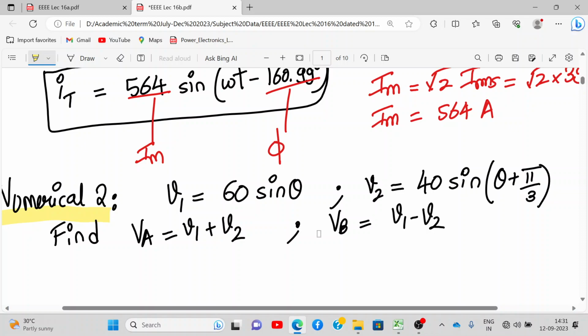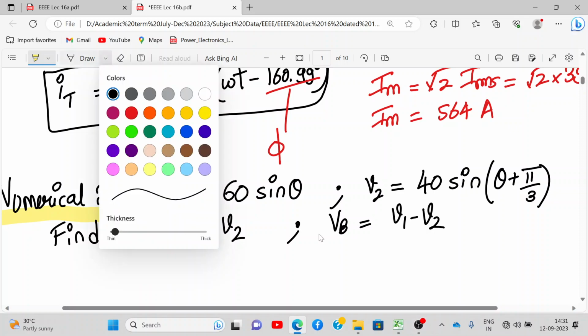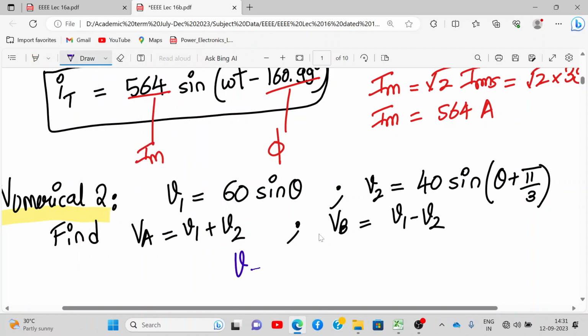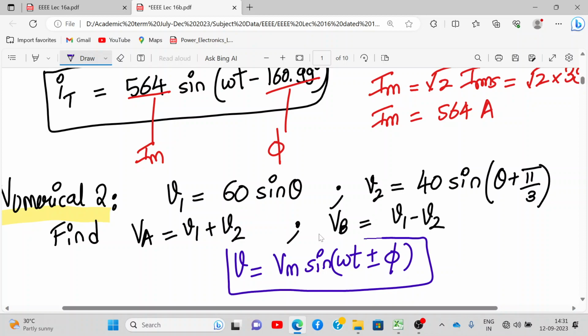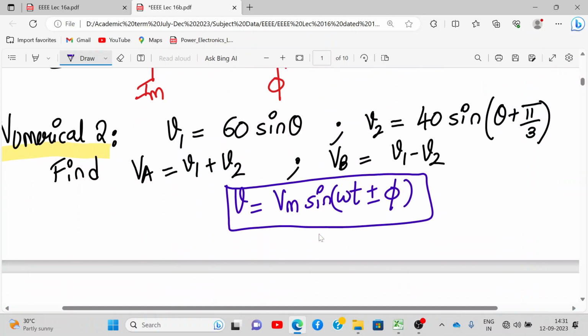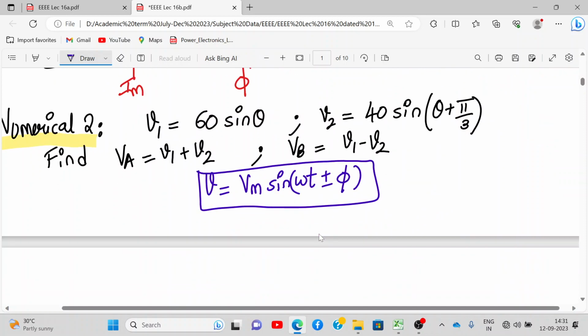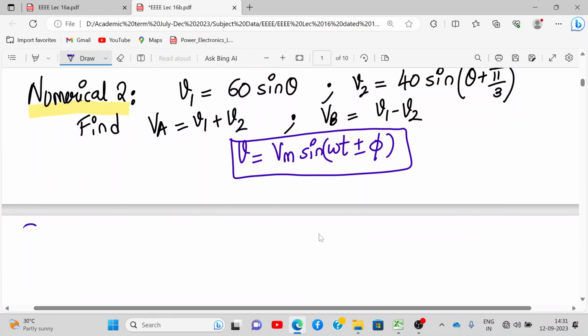You all have understood now? So start. What is the standard form? V is given by Vm sine of omega t, or we can write in terms of theta, omega t plus or minus phi. Okay, that's the standard form. So how will you start? You first write the standard form.